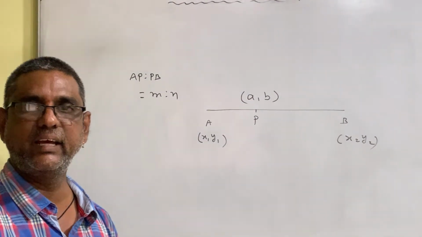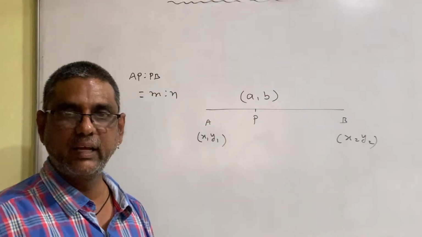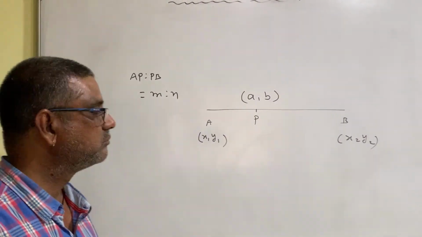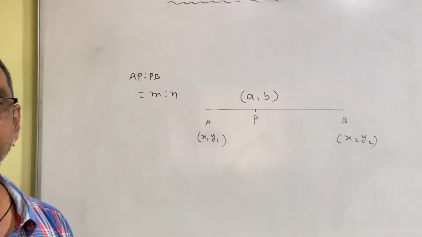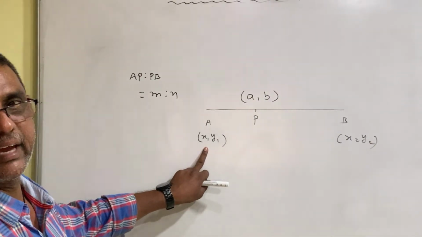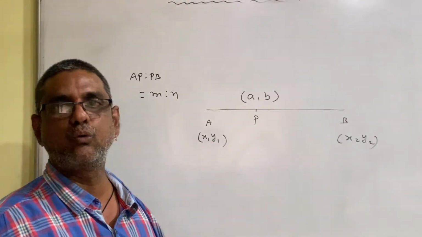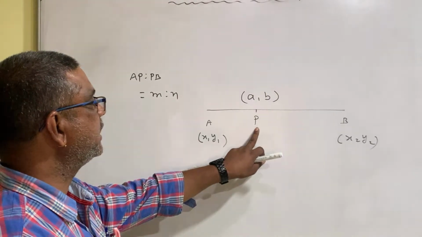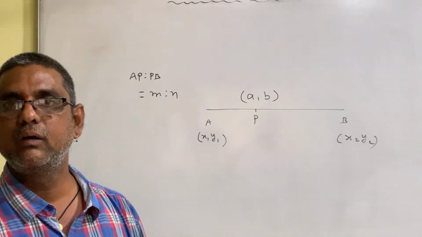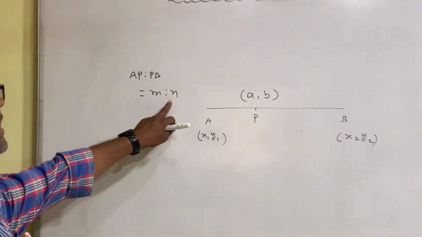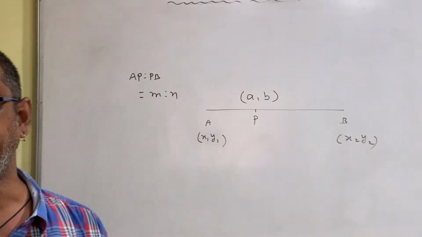Once again. There is a line segment AB. Coordinates of A x1 y1, coordinates of B x2 y2, and there is a point P in between A and B, which is dividing the line segment in the ratio m:n.